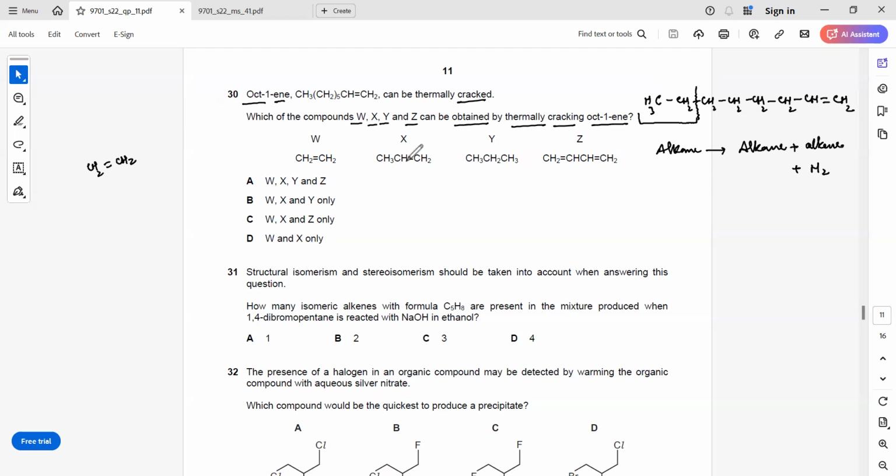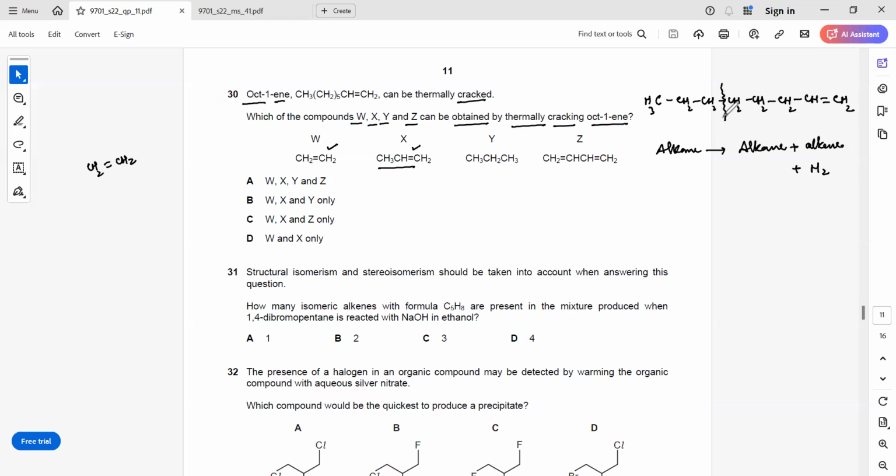So that is also possible if we break it from here. That can give us propene as well. So instead of this, the other possibility can give us propene as well. Yes. Okay. Next is CH3, CH2, and CH3. That is propane.